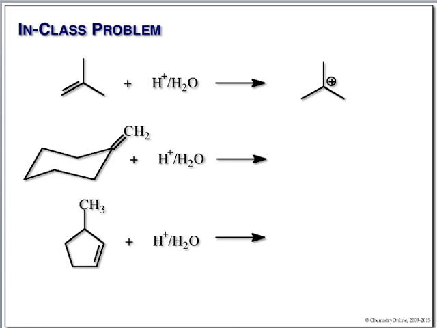Once you decide what carbocation you have, all you have to do is add hydroxyl group to that center, and our final product looks like this. This is called tert-butyl alcohol, or tert-butanol. We'll actually use this guy in lab also.